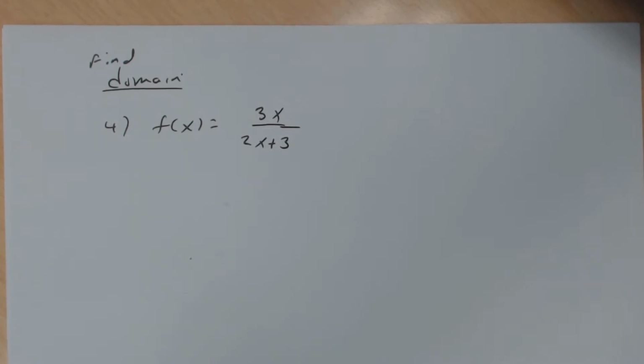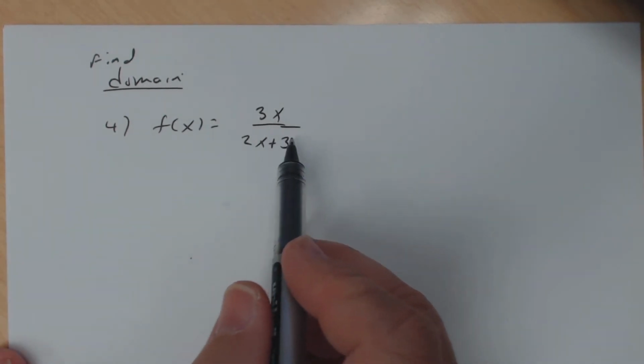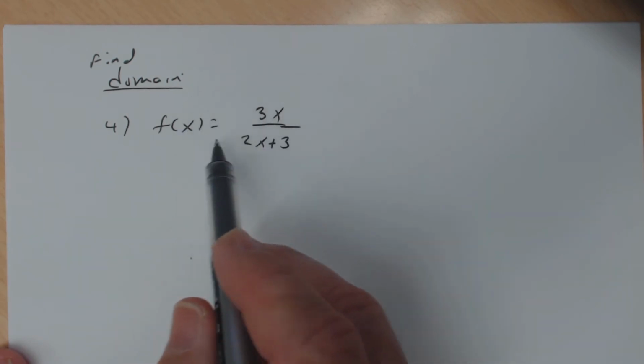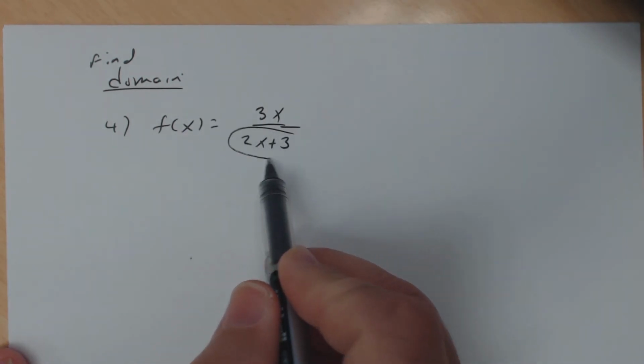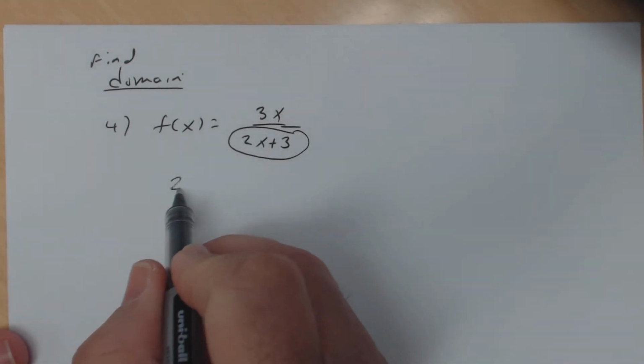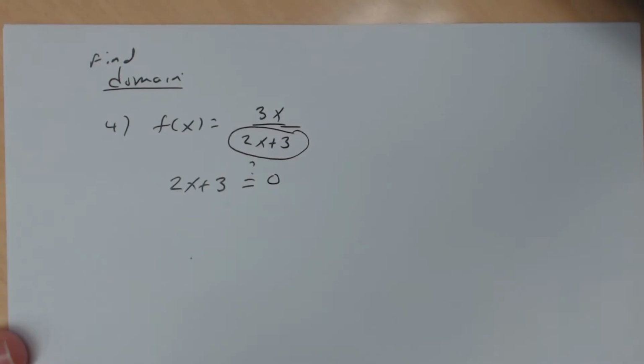All right, so I'm trying to find the domain. Let's go through the process. To find the domain of this rational function, I've got to look at the denominator. That's all I have to look at. So I need to ask myself, where is my denominator equal to 0?